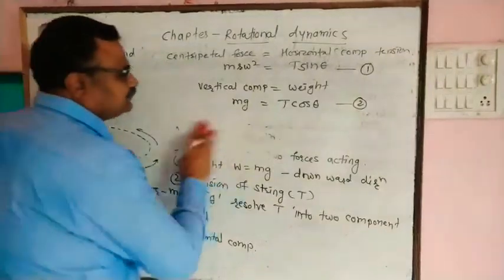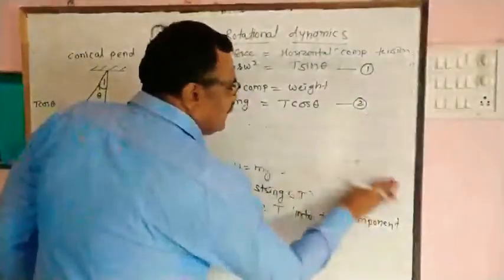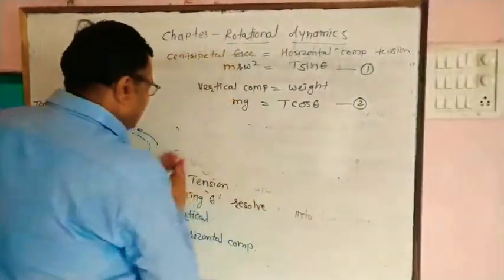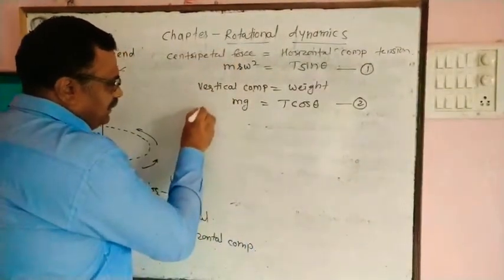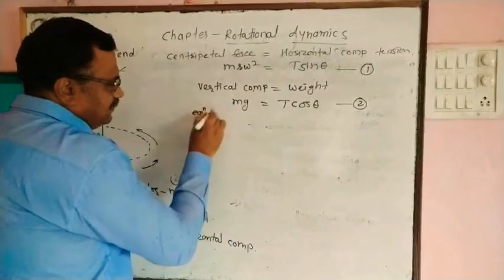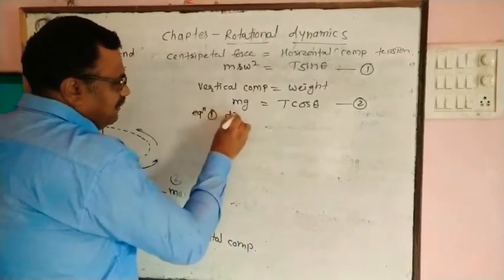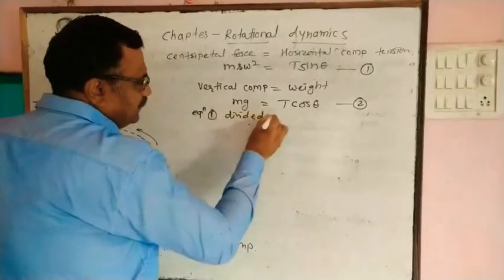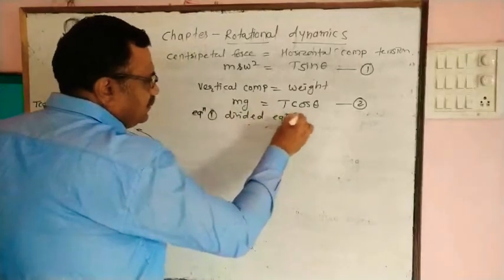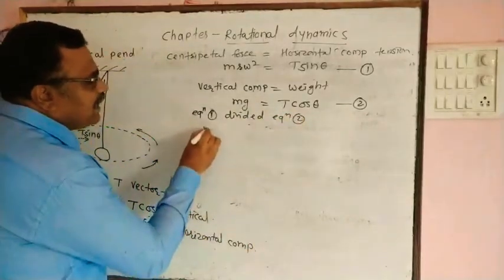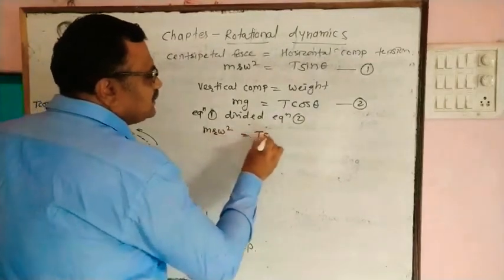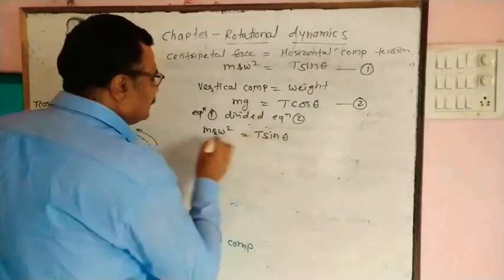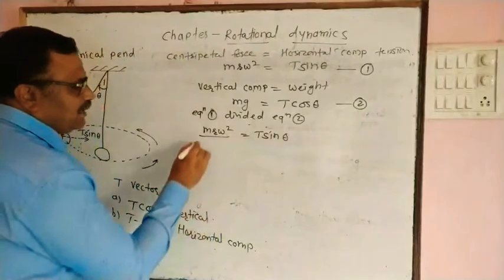Now suppose we divide equation 1 by equation 2. Therefore, we get m r omega square upon mg is equal to T sin theta divided by T cos theta.